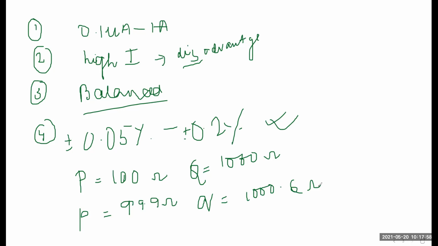When you take down, resistance on the link is 0.1 ohm. That is R. R is 0.1 ohm. Resistance on the link is 0.1 ohm. And standard resistance S, I'm writing here, that is 0.